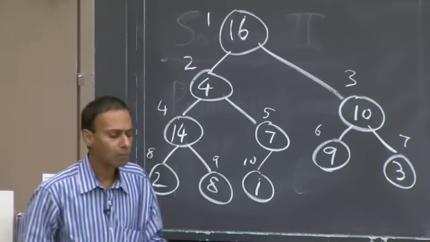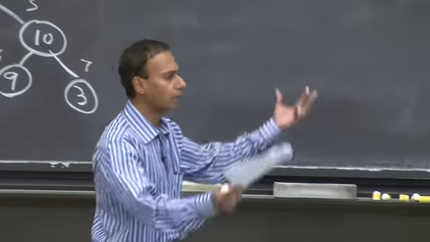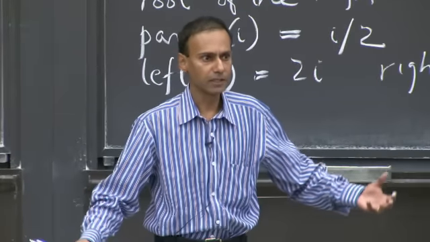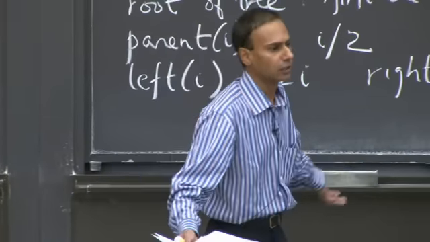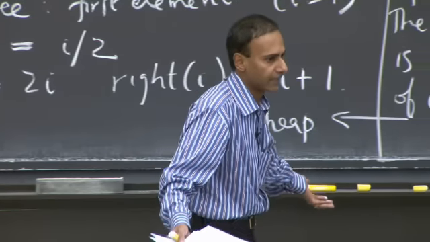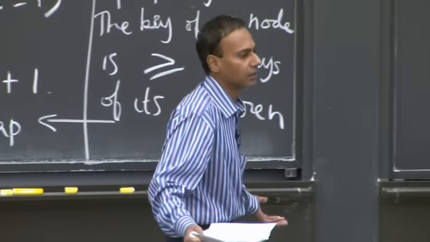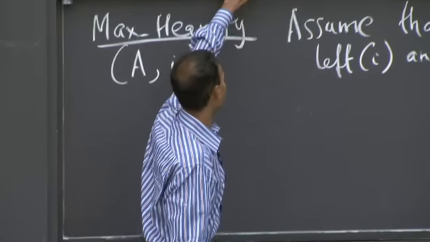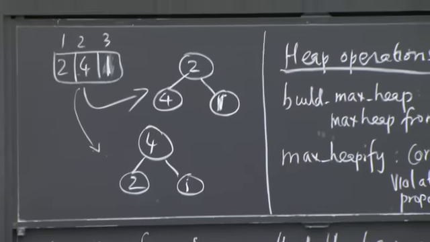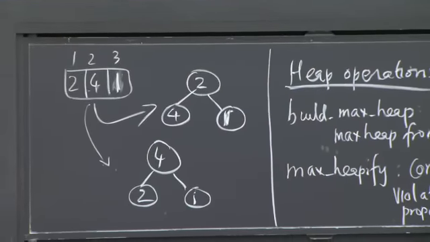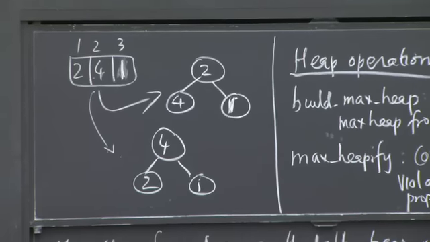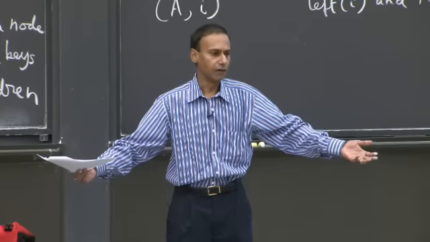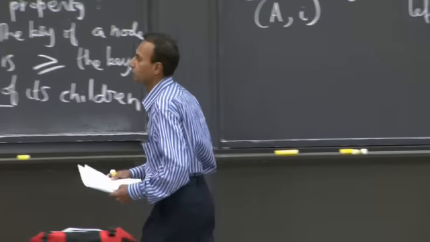Most of the time, by the way, you'll be working bottom up, and that's why this is going to make sense. This will all work out because leaves are, by definition, max heaps, because you don't have to check anything. When you put two leaves together and you want to create a heap like that, then you run Max-heapify. And when you have a couple of different max heaps and you want to put them together to make a bigger max heap, you run Max-heapify. So that's the way it's going to work.